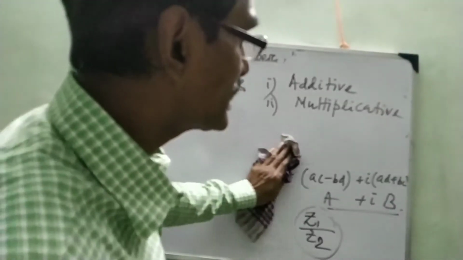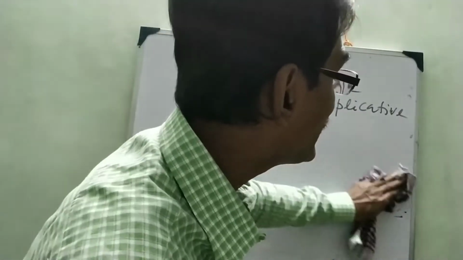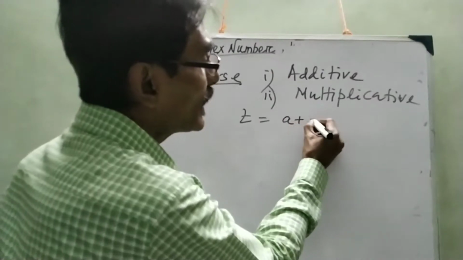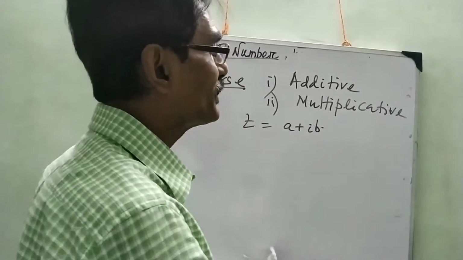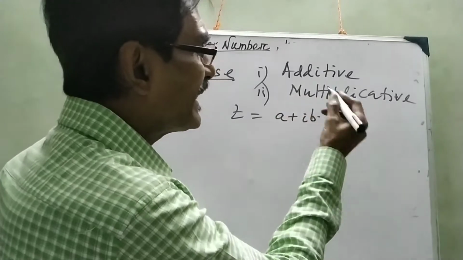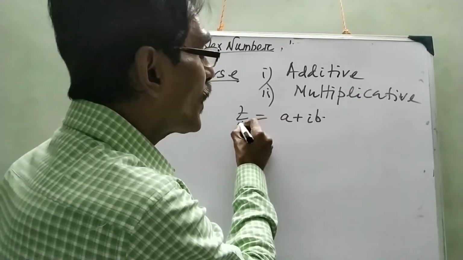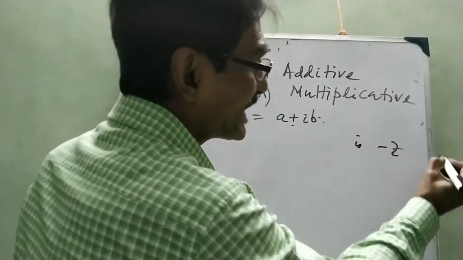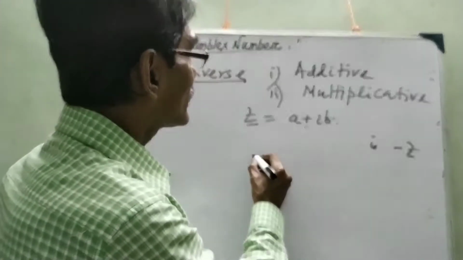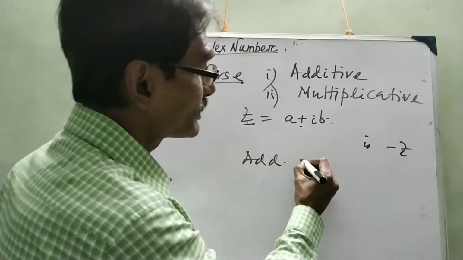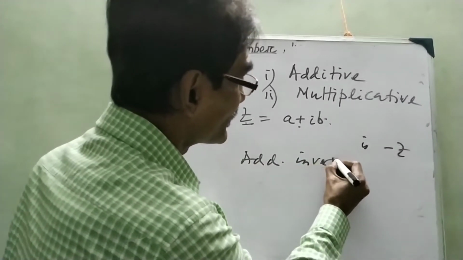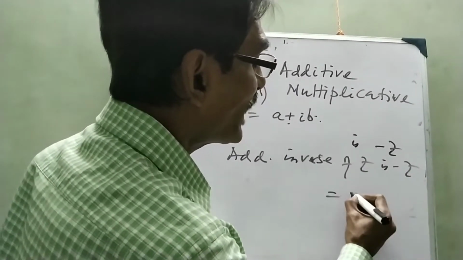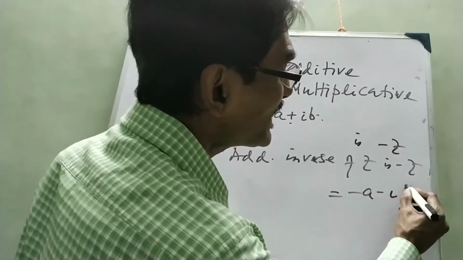First I want to discuss what is the additive inverse of a complex number like Z equal to A plus iB. It is very simple. You can remember then and there, the additive inverse of Z equal to A plus iB is minus Z. So the additive inverse of Z is minus Z. So final answer: minus A minus iB.